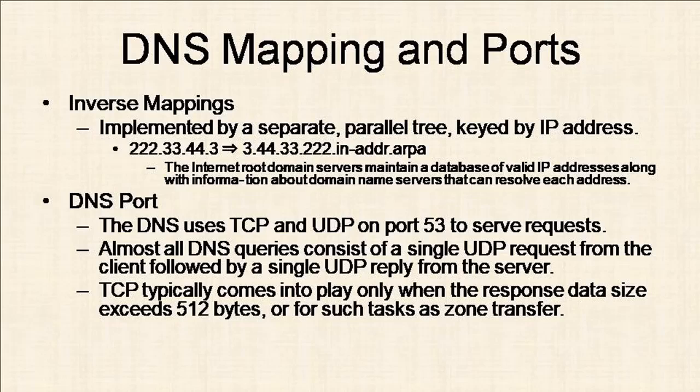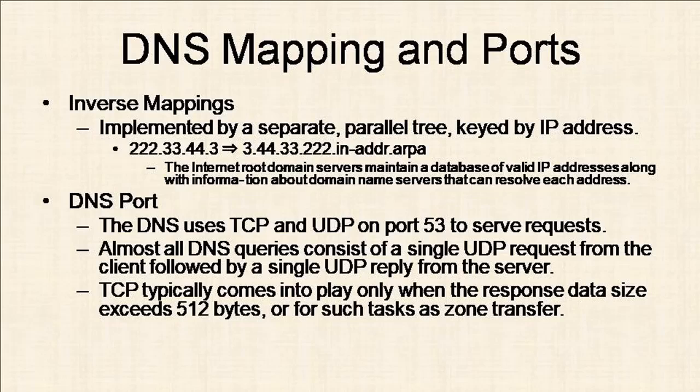Coming to the DNS port, as I told you previously, DNS utilizes both TCP and UDP services, but most of the time DNS depends on UDP only. DNS uses TCP and UDP on port 53 to serve requests. Almost all DNS queries consist of a single UDP request from the client followed by a single UDP reply from the server.